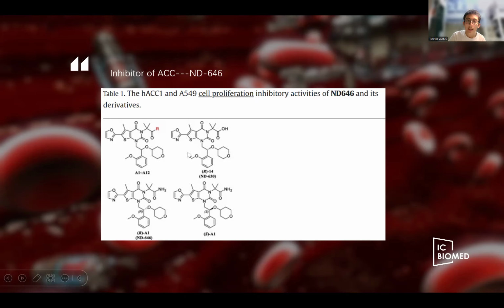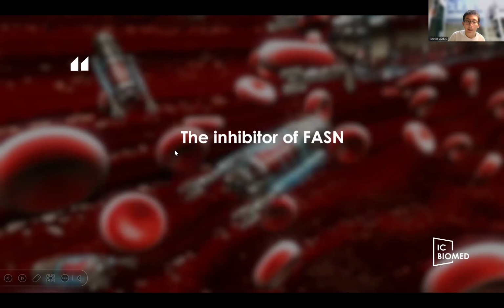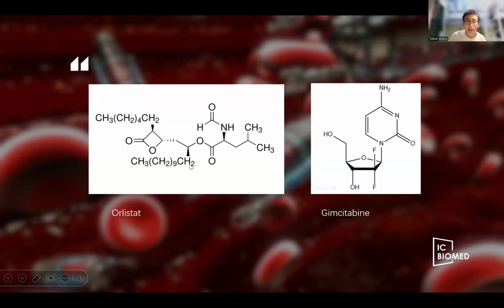And that's all of the inhibitors of ACC, and finally we come to the inhibitors of FASN. There will also be two of them, orlistat and gemcitabine. Orlistat is mostly known as a weight-reducing aid.